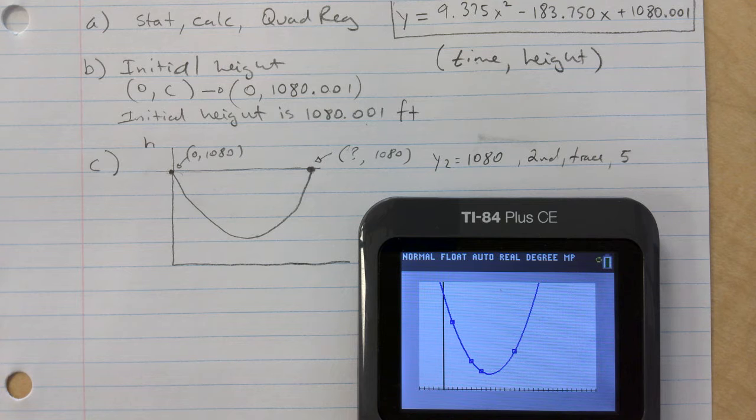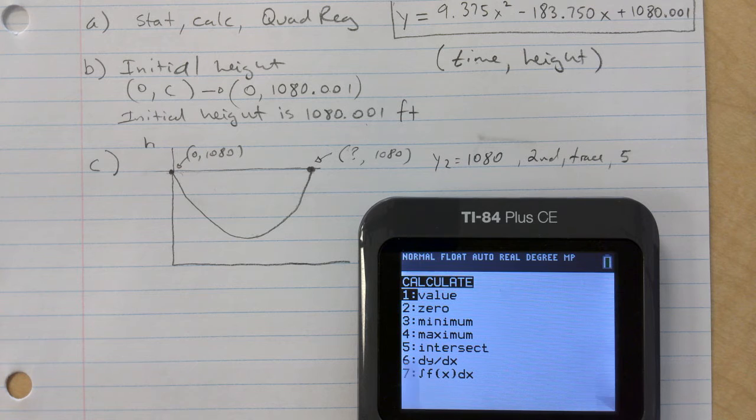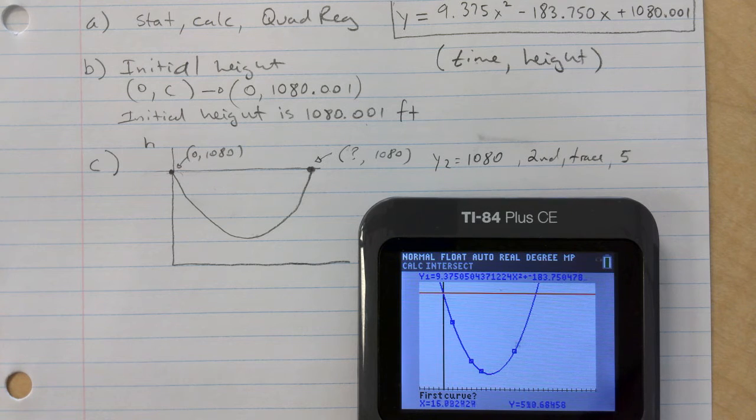There it is. And there is that line that I'm after, because that's going to allow me to find this intersection here. So I'm going to go second trace 5, go closer to that one, enter, enter, enter, and it's 19.60 if you round it.